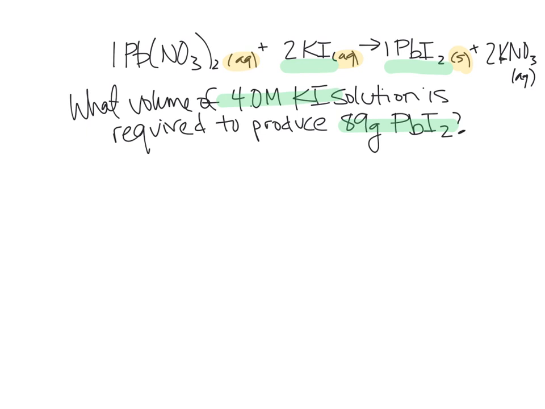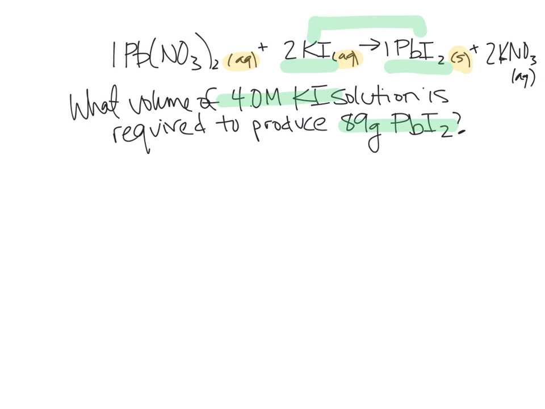We have this 4 molar solution, and an unknown amount of particles in there, and we need to figure out how much of that solution we need to use to make a very specific amount of lead iodide, 89 grams.